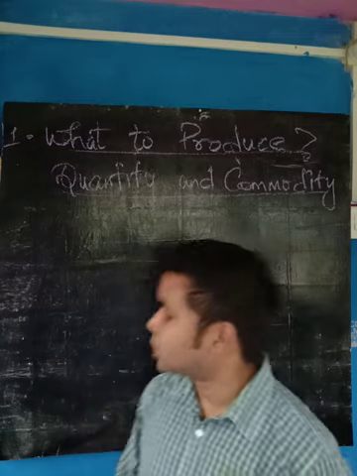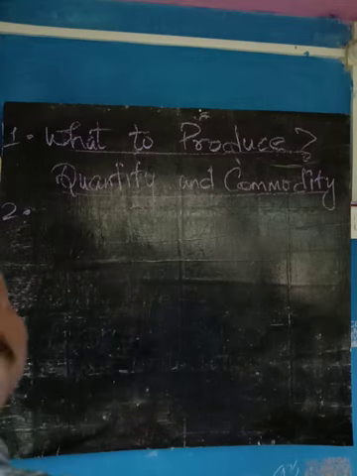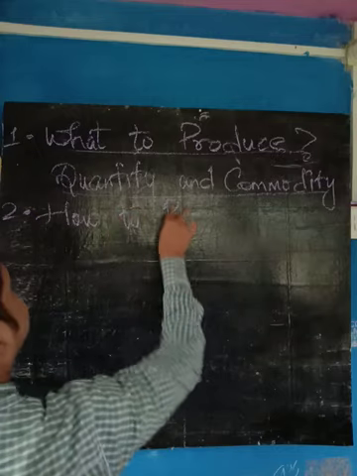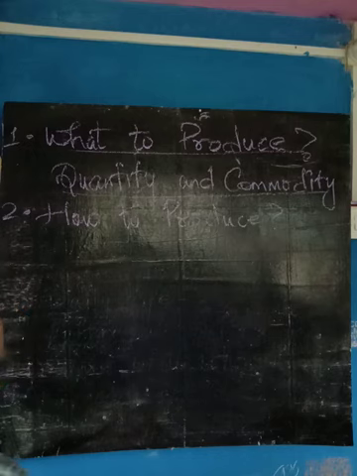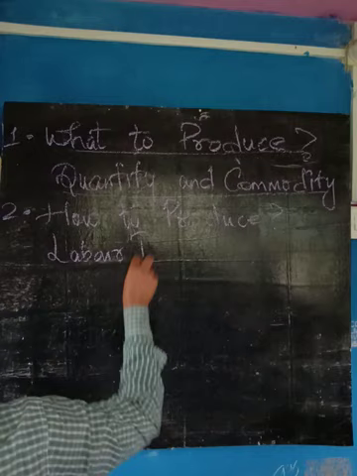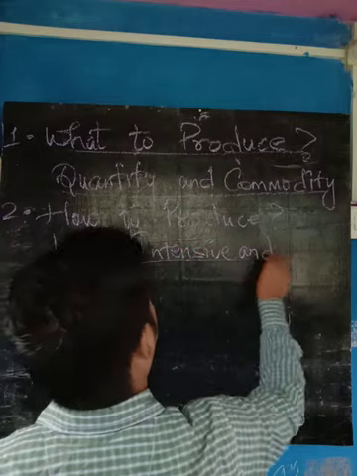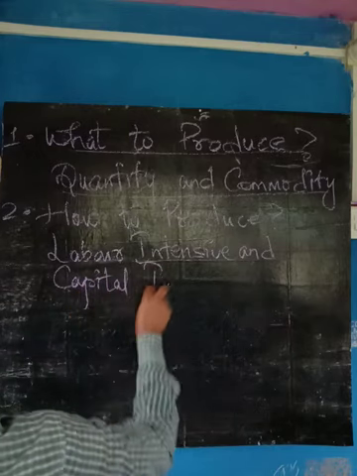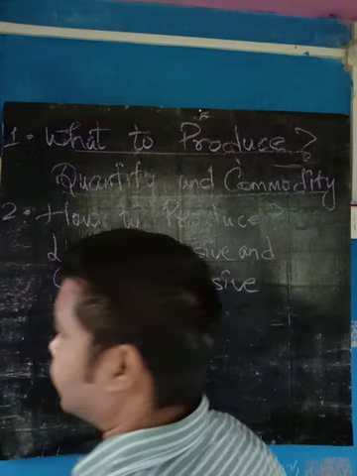Okay, so next topic, how to produce. How to produce means it is labor intensive and capital intensive.